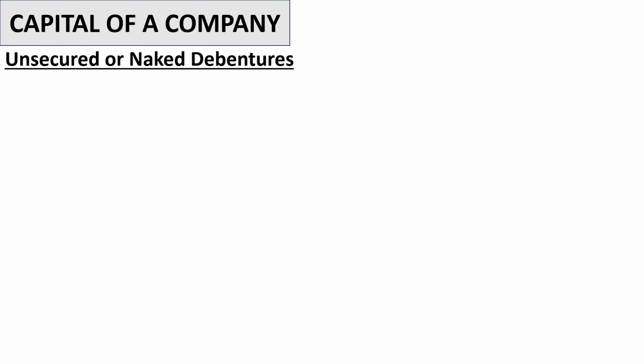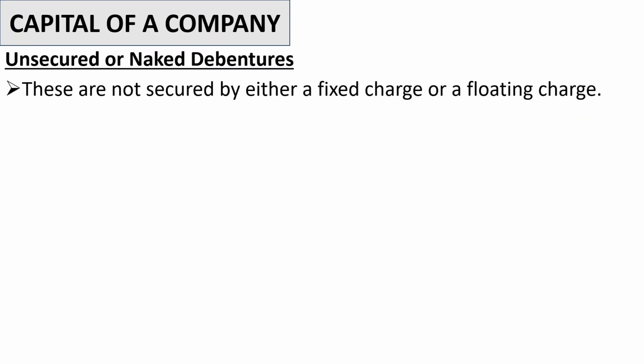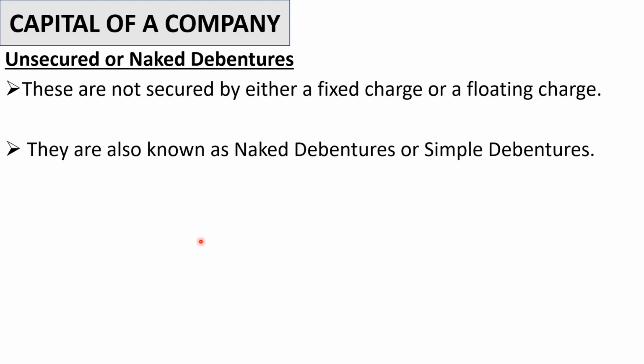The other type of debentures are called unsecured or naked debentures. These are not secured by either a fixed charge or a floating charge. This is where a debenture has been given out, but no company asset is going to have a charge created on it. They are also known as naked debentures or simple debentures.